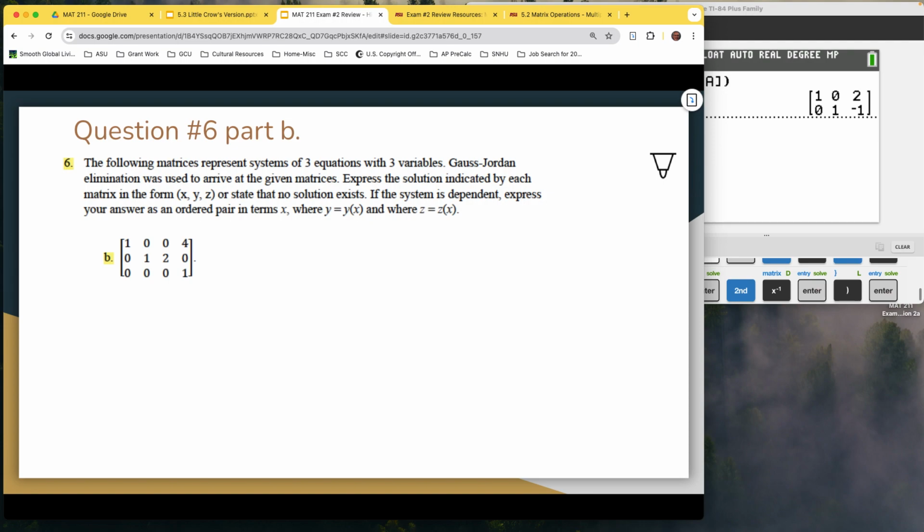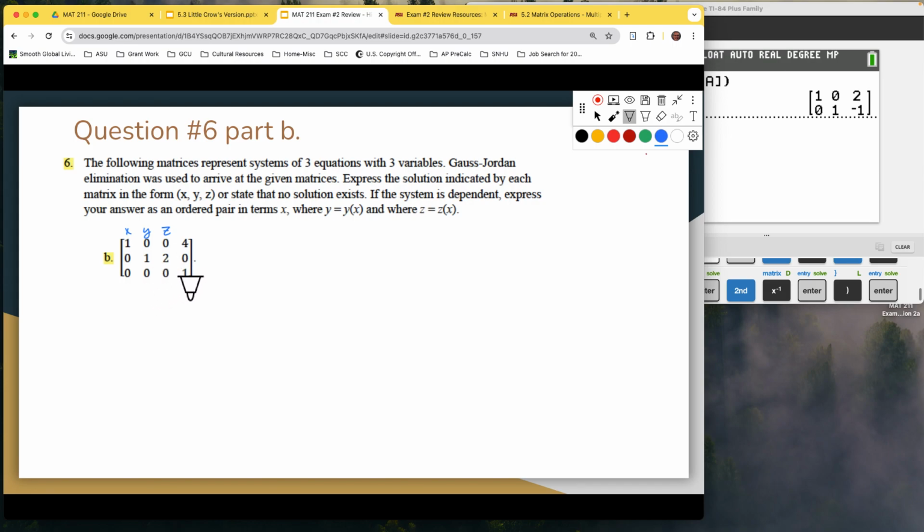So I want to use this answer to show what it means. On this one, notice there is no 1 here for the z. So this is an x, a y, and a z. There's no 1 here, so it's not that z equals 1.